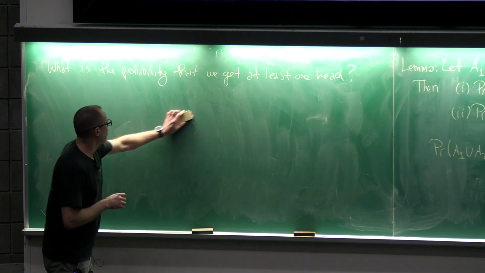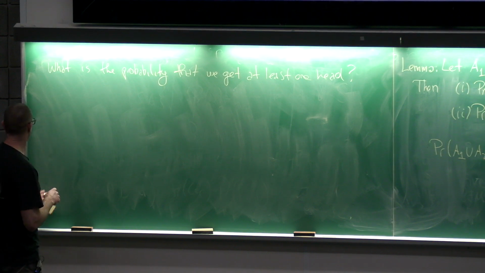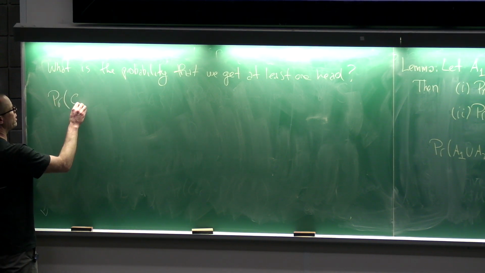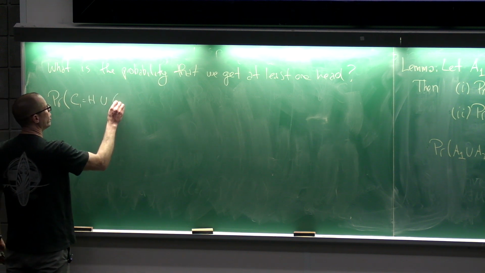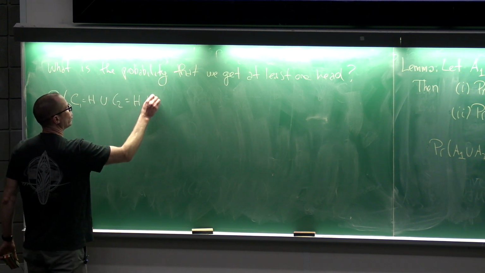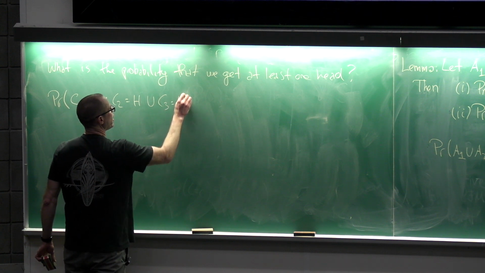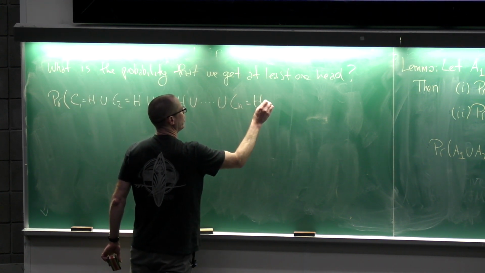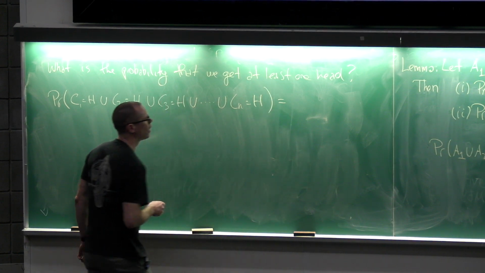So that's this question that's saying, what's the probability that C1 equals heads, or C2 equals heads, or C3 equals heads, and so on, all the way up to Cn equals heads.